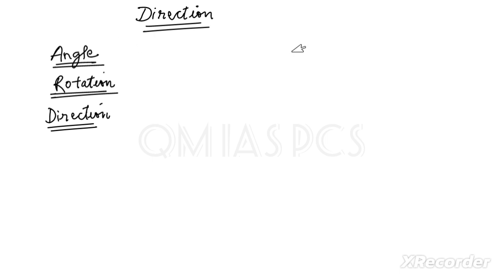First of all, the angles. I think you know what is a right angle triangle, what is an acute angle triangle, what is an obtuse angle triangle. If I say acute angle, acute means 0 degree to 90 degree.